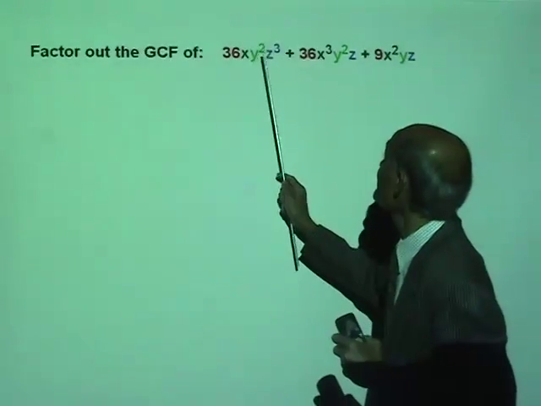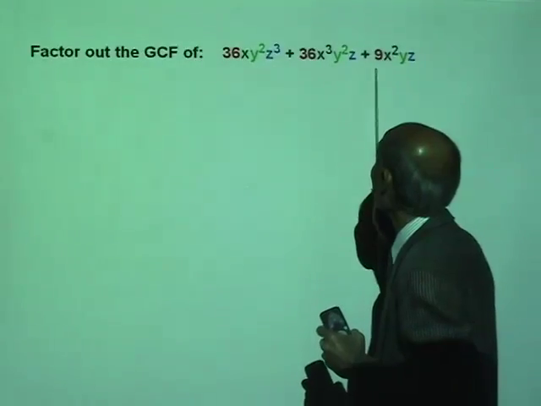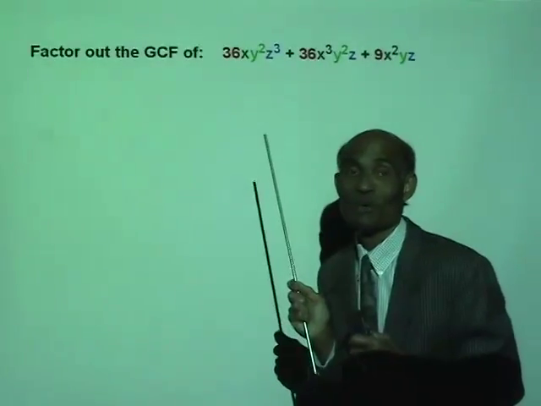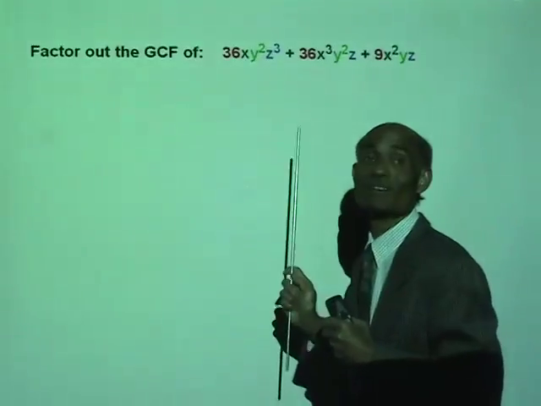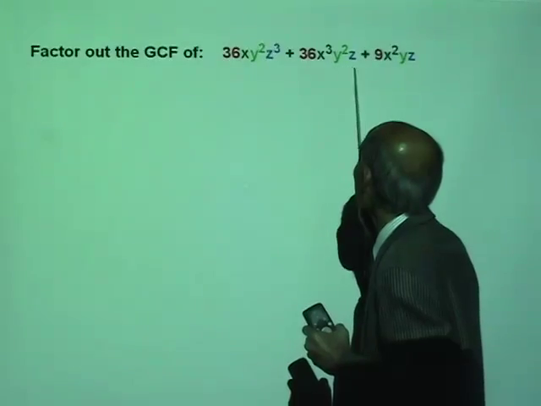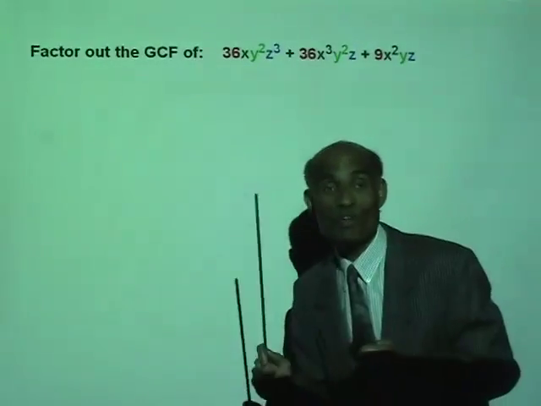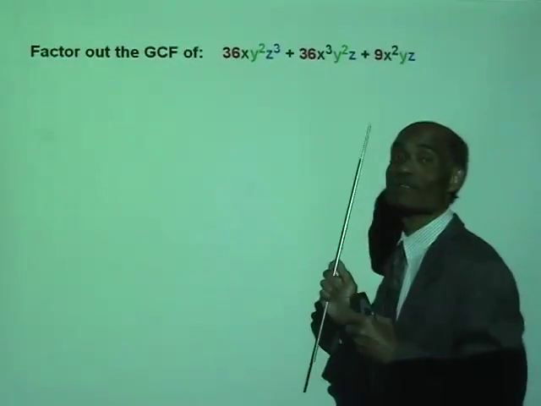Alright, let's go to terms in x. x cubed, x squared. What is the common factor there? The common factor is x. Alright, y squared, y. What is the common factor there? It is y.